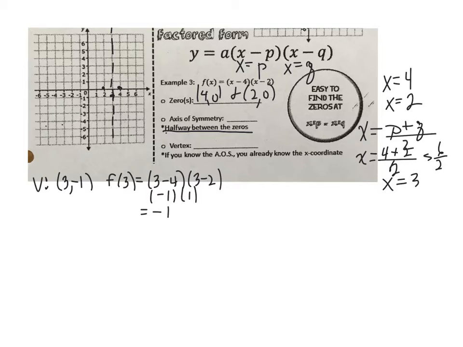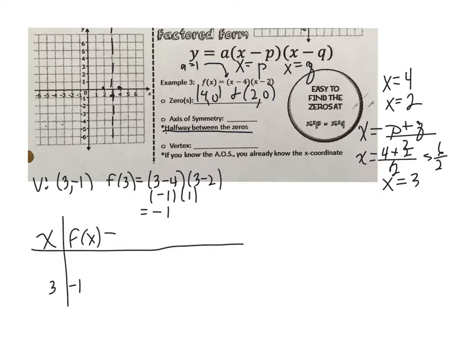Now I can tell that my parabola is opening up. Remember that a value, that number in front, is a positive 1. So my parabola is opening up like it needs to. Now that's really not enough points for me to plot my parabola. I really need a couple more. So I'm going to go to a T-chart. I already know that my vertex is at (3, negative 1).